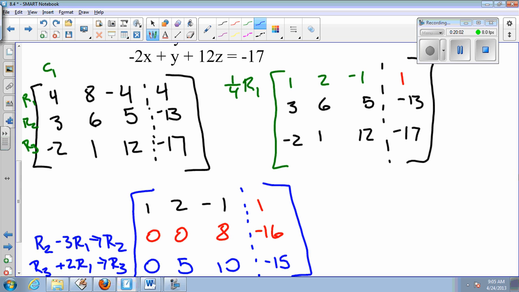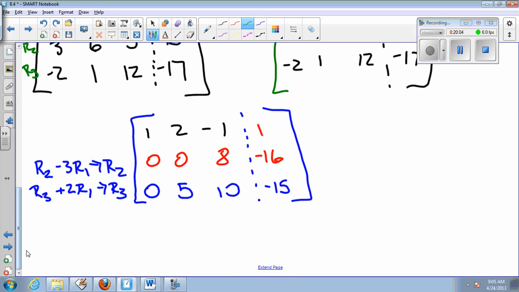So if you look at our new row 2, we have 8 and negative 16. Those are both divisible by 8, so we multiply by 1/8. And we look at row 3, 5, 10, negative 15. Those are all divisible by 5, so we multiply by 1/5.